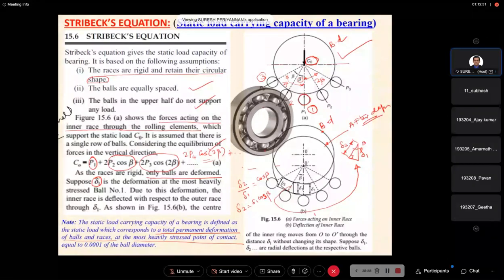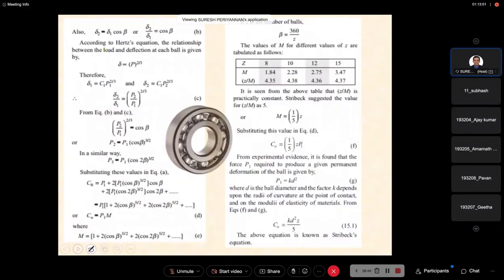Now after deformation, this is the original condition before deformation at origin O. After deformation O to O dash, based on that deflection we are able to find out delta 2 and delta 1. Now delta 2 is equal to delta 1 into cos beta, right?